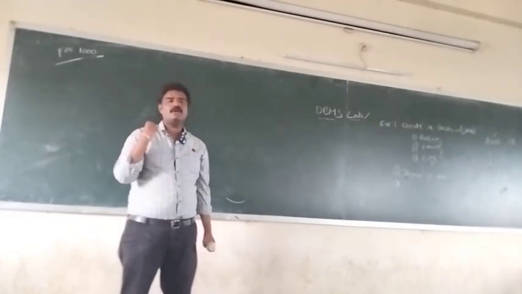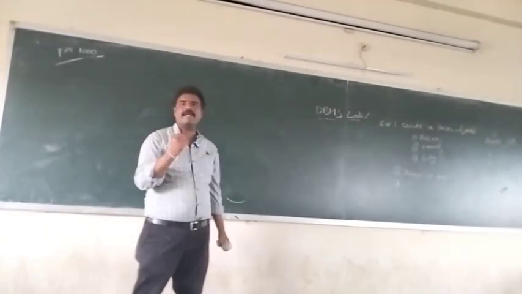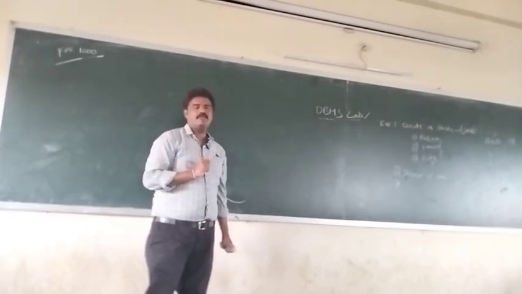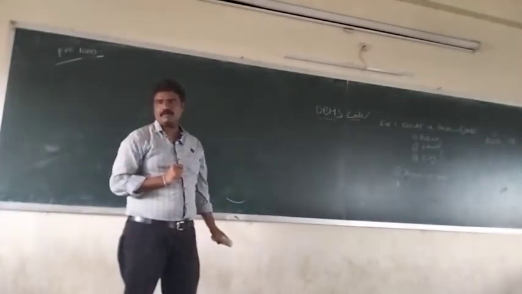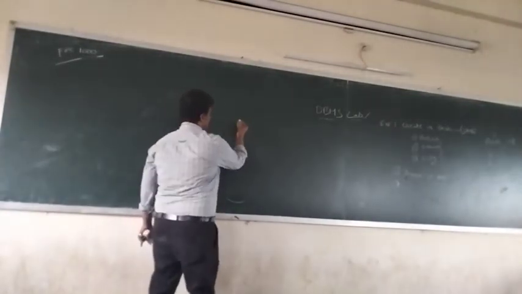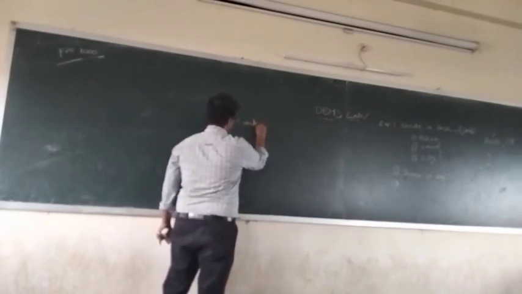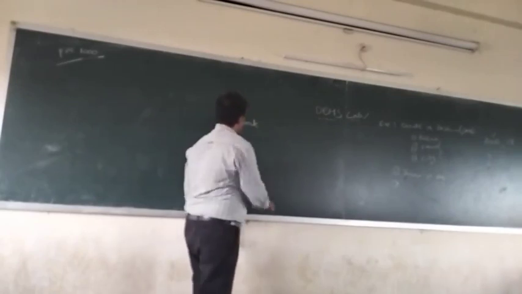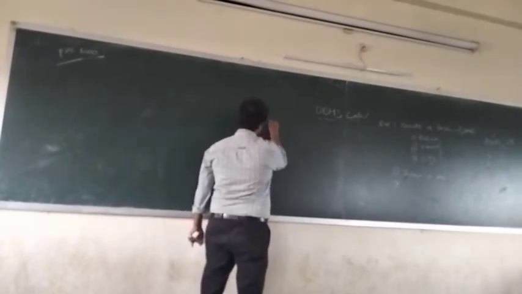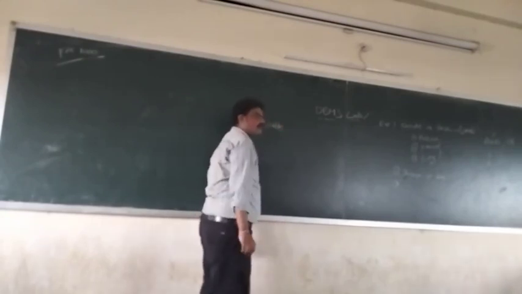Here I am talking about creating a table with the 3 attributes. So what was the command for creating a table? Create a table. What is the table name we have?